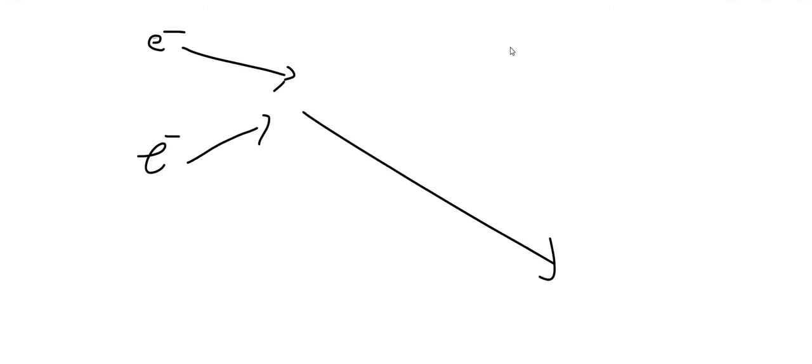Let's say we have an E minus going like this, and another E minus going like this. By Coulomb's law, these two will never touch each other because they repel each other, and they should basically just go off in opposite directions.